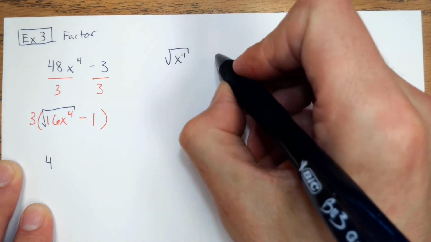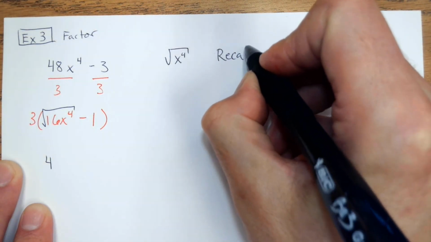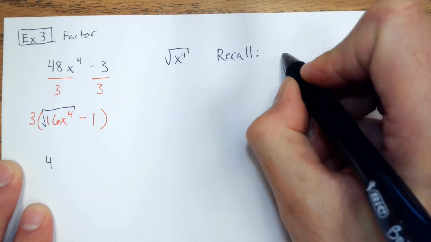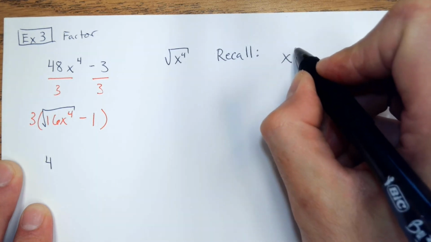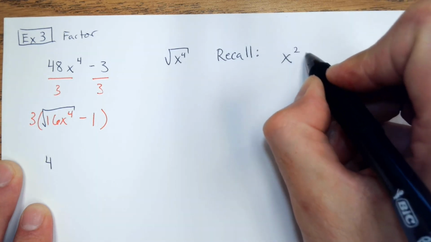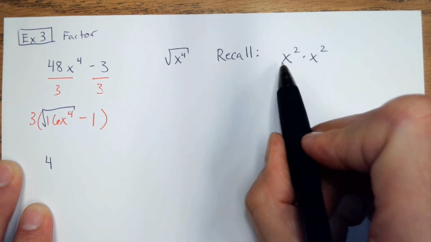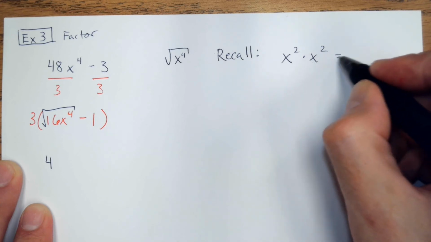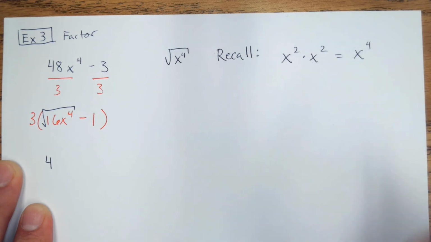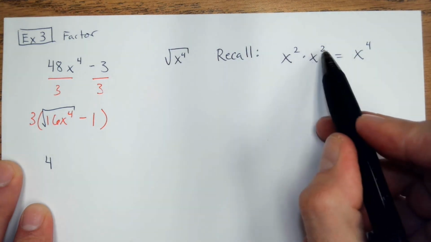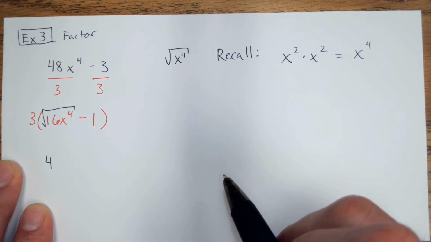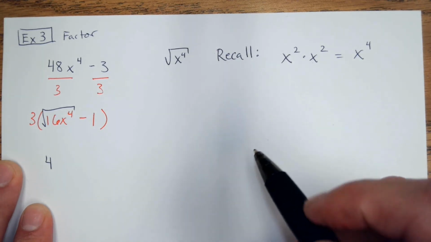Well, just recall that when you multiply variables, you add their exponents if they have the same base. So x squared times x squared is the same thing as x to the fourth, because we would have added those exponents.